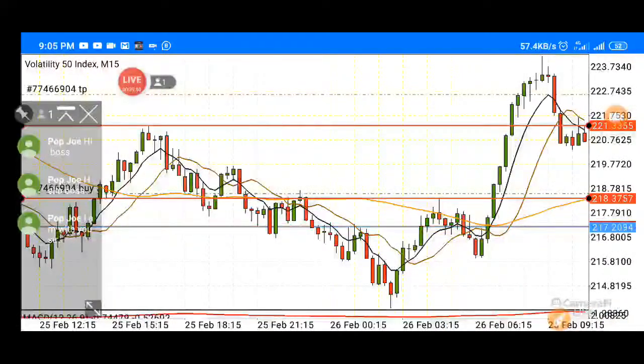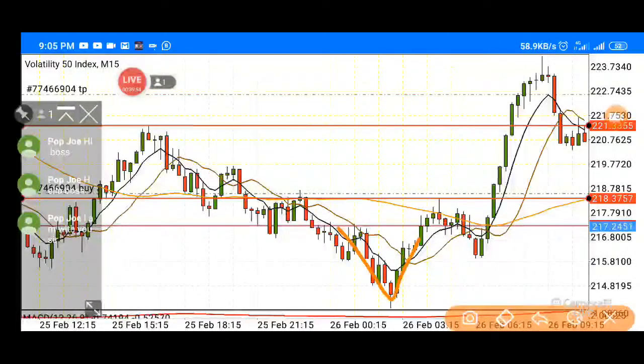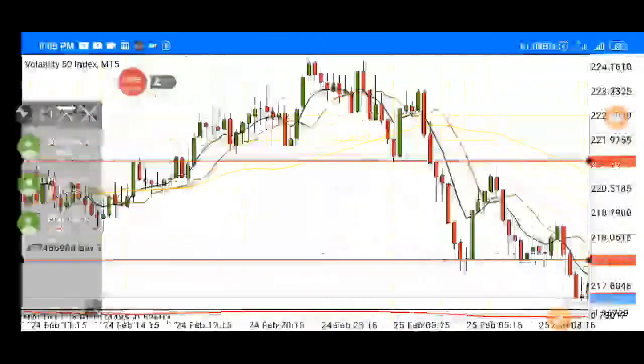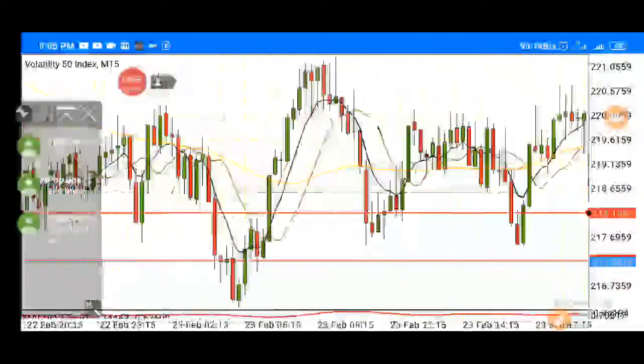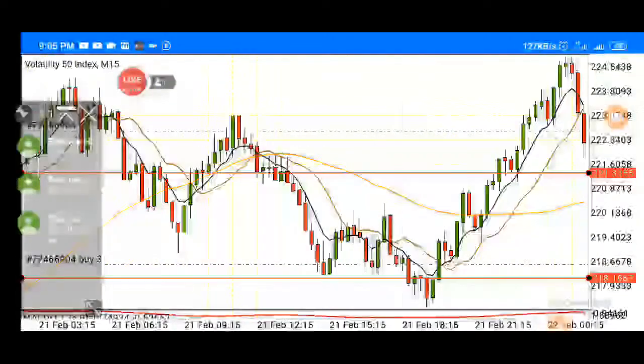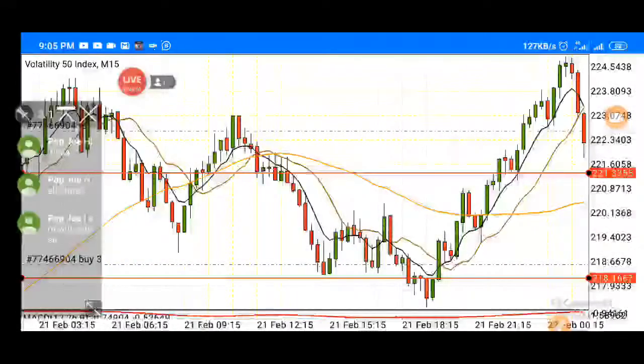So that's a double bottom, and this is the second type of the double bottom. You can see that this second support did not get to the level of the first support. So let me see if I can get another one. This is the third type of the double bottom.